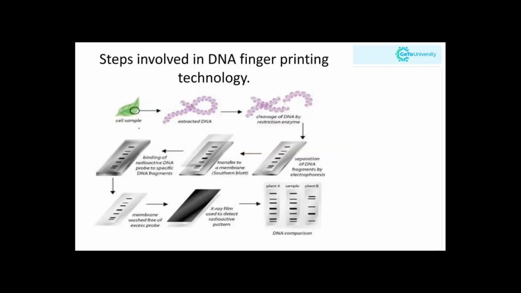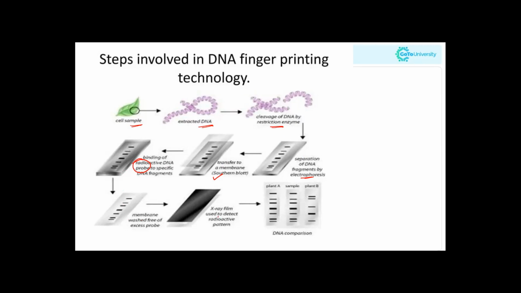So we will be taking a sample from a particular organism, for example, a plant leaf, and the extracted DNA will be cleaved by the restriction enzyme, and the fragments will then be separated by electrophoresis. Then we'll undergo Southern blotting, which means we'll be using a radioactive probe, which will be binding to the particular DNA fragment.